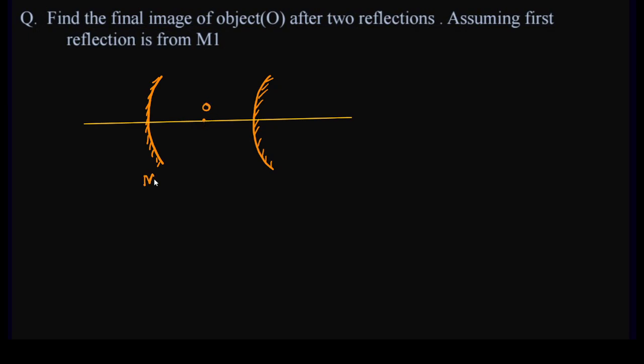We are calling this M2 and this is M1. This focal length is 20 centimeters and this focal length is 10 centimeters. And this distance is 30 centimeters, and this is 50 centimeters. Now try it.